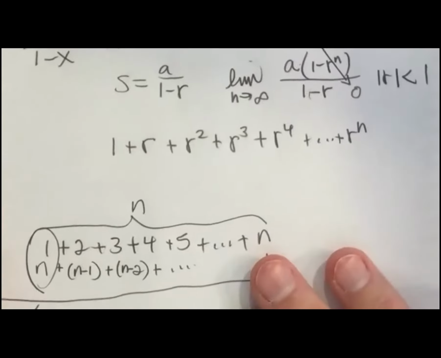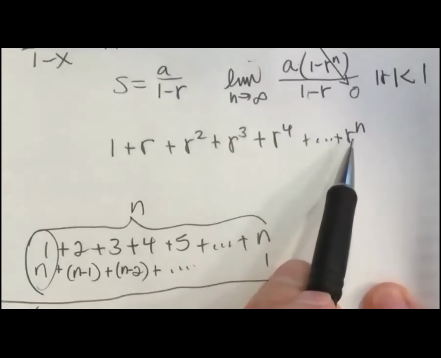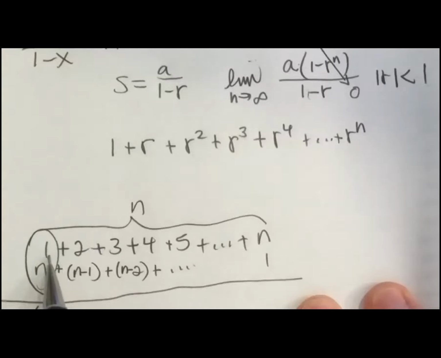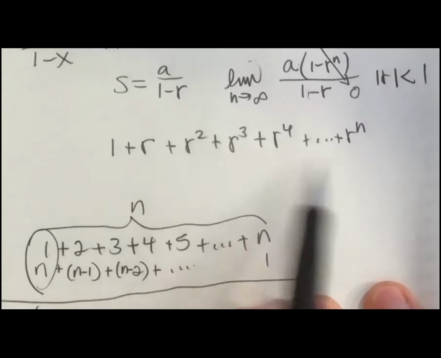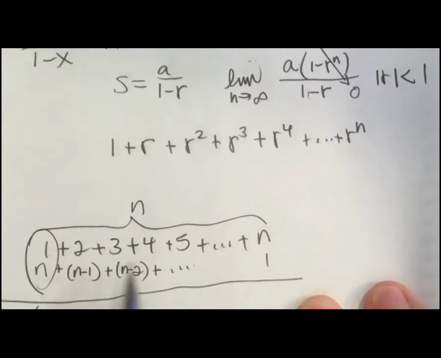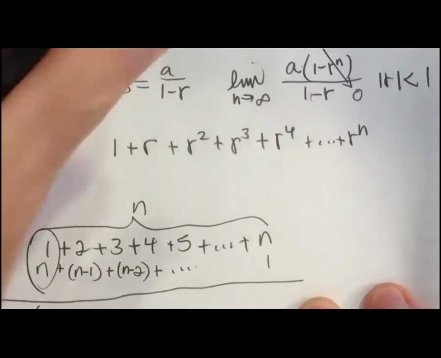Here's the other trick, geometric. Ready? Here you go. Now, instead of it being just to the first powers, like this is 1, 2, 3, 4, 5, this is r, with powers now. So this is arithmetic and this is geometric. And here's the trick.